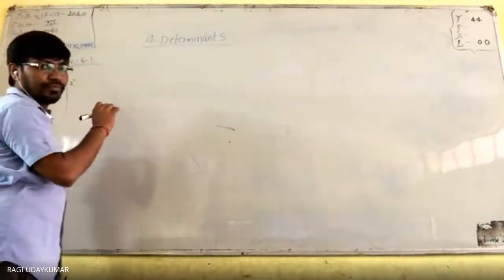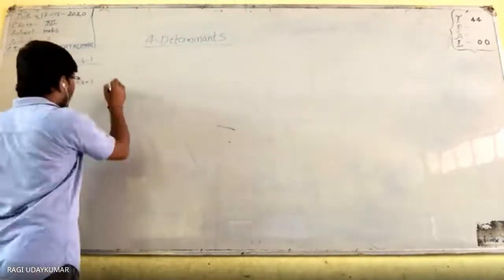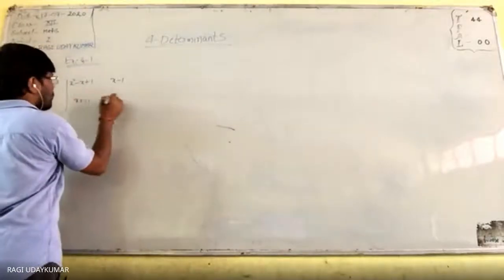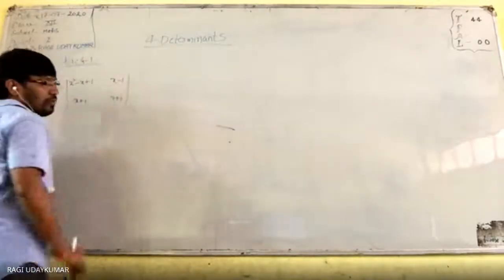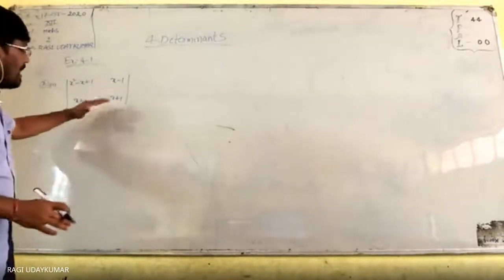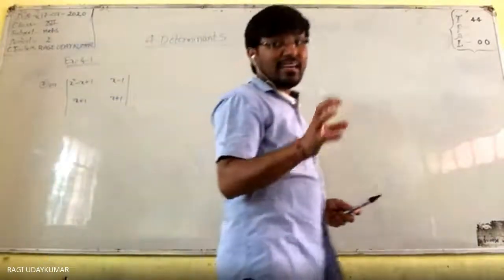x square minus x plus 1, x minus 1, x plus 1, x plus 1. So this is given to you in the determinant. What is this one? This is not a matrix. It is some value.